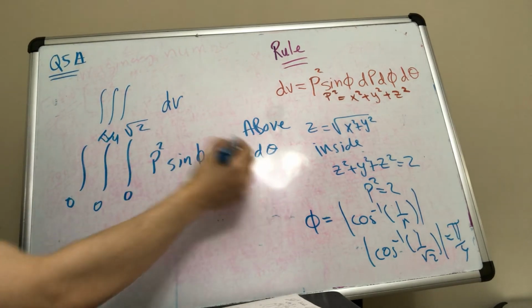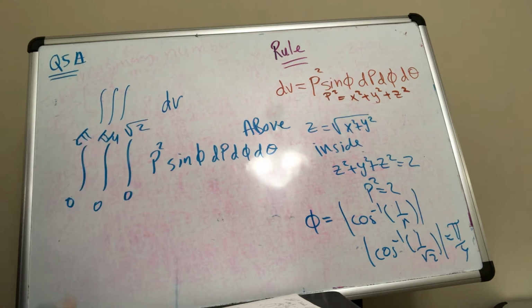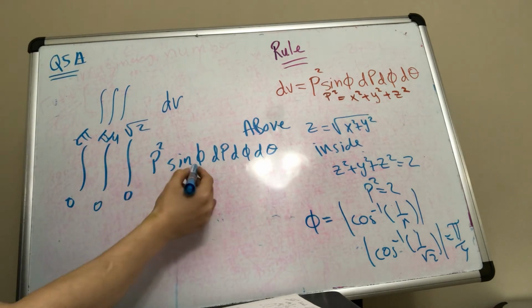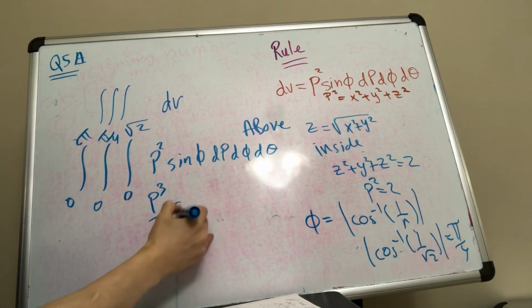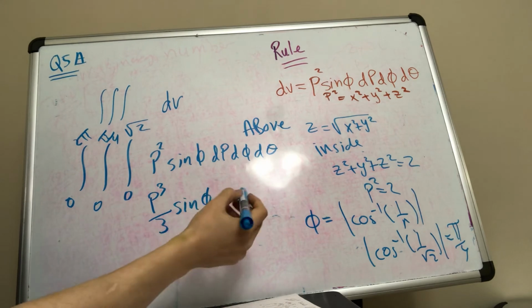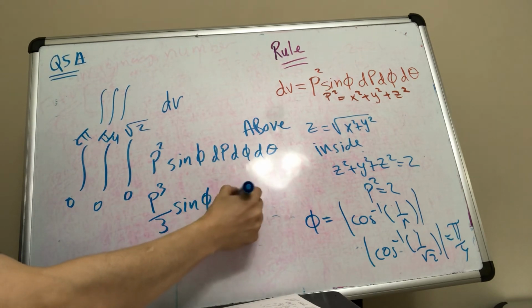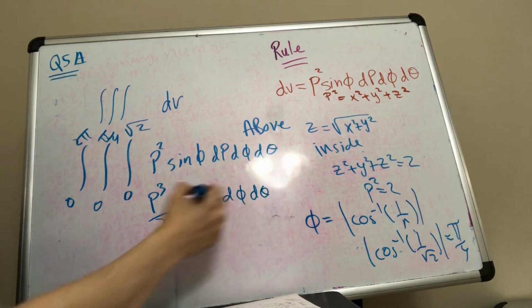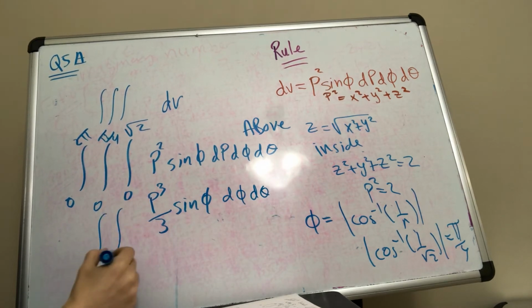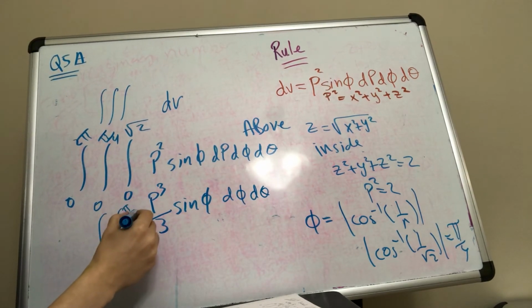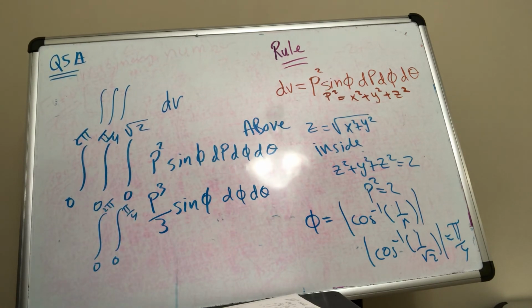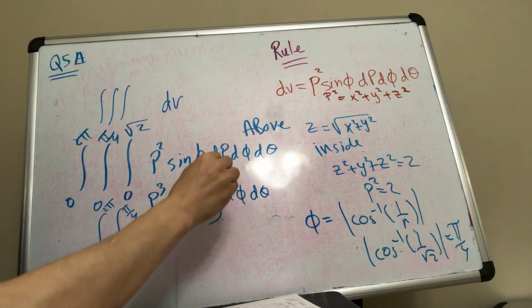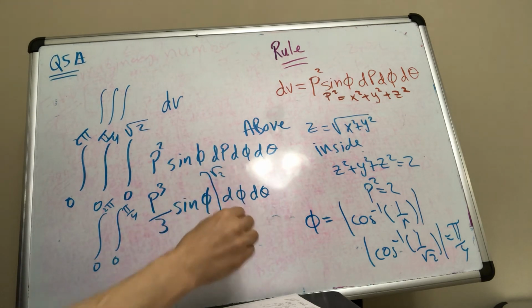And for angle 2, it's just a complete circle. Okay, so you integrate with respect to p, p cubed over 3. And you still have d phi and d theta. And you still need 0 to pi over 4 and 0 to 2 pi. And we need to plug in root 2 and 0.